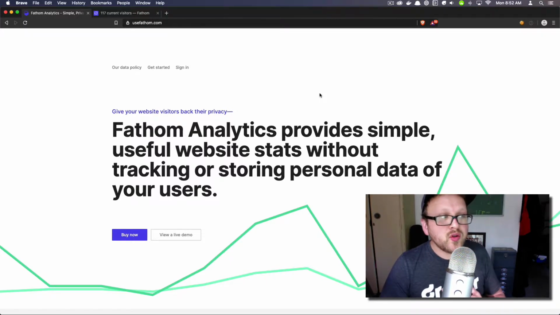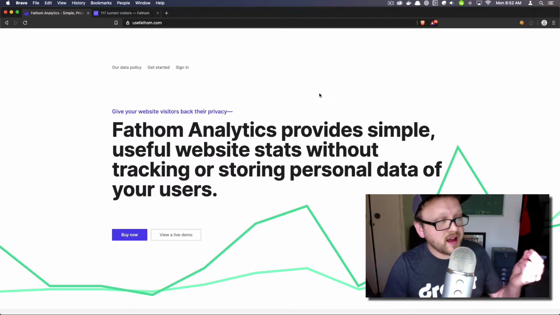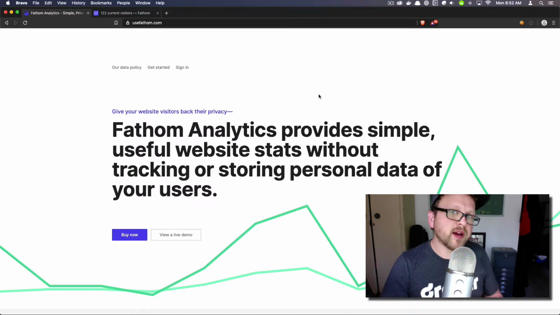But if I'm someone who wants just simple, basic website stats, and there is a big market out there, I believe, that I believe Fathom is actually really nailing, I'm also not someone who's at a big risk for a GDPR violation. And I'm probably not even aware of it.